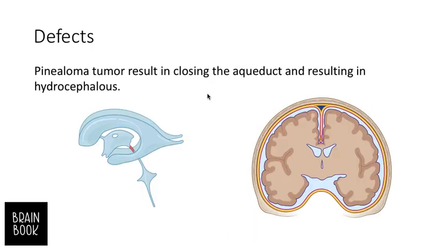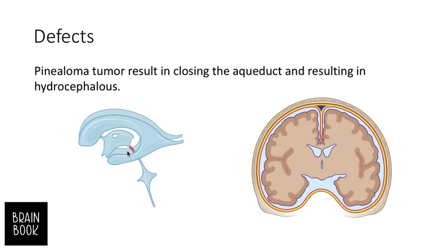There are some defects related to the ventricles. For example, there is a cancer which is called pinealoma. When the pineal gland is cancerous, it forms this kind of cancer, and when the tumor grows and expands in size, it results in closure of the aqueduct here.